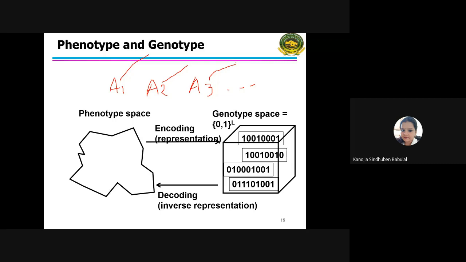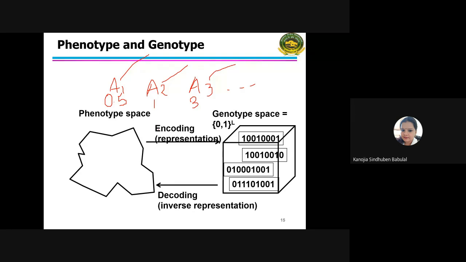These parameters may have different values. A1 can have a different value at a specific instance of time. Suppose at this instance the value of A1 is 0.5, the value of A2 is 1, the value of A3 is 3, and so on. So at a particular instance of time, these parameters would have a value.